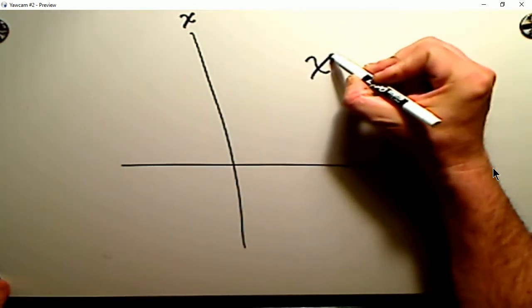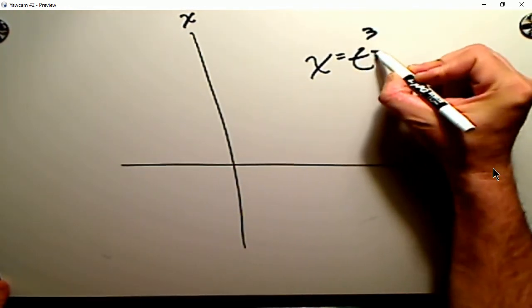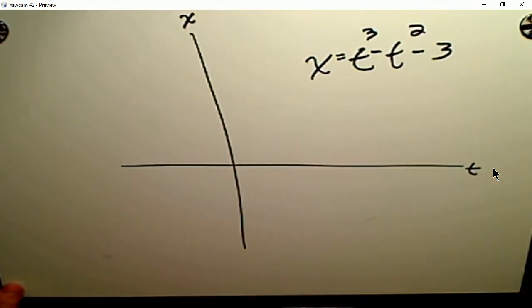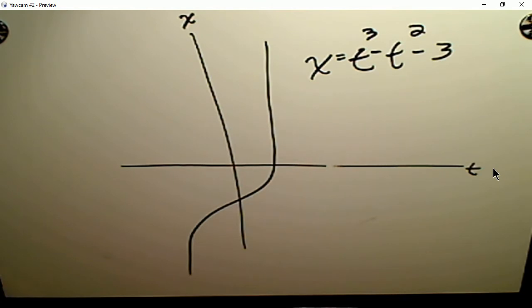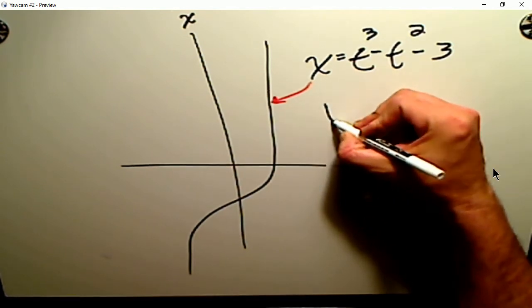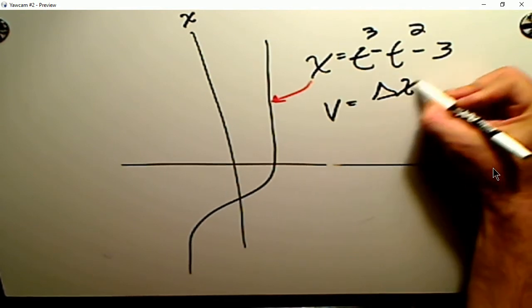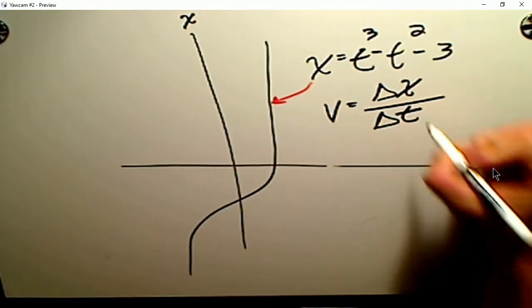Say x equals t to the third minus t squared minus 3. I don't know, that looks probably something like this. Okay? So we see this line is defined here. Now, we know velocity is equal to change in distance, or change in displacement, for a particular time.